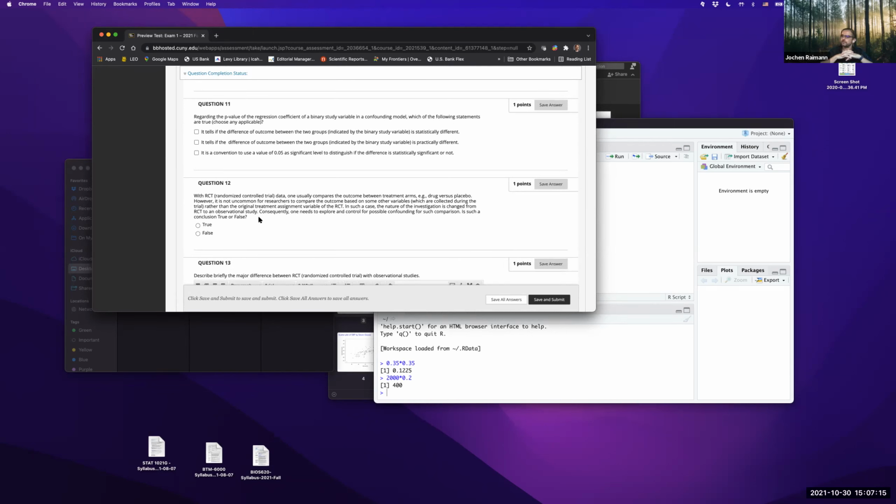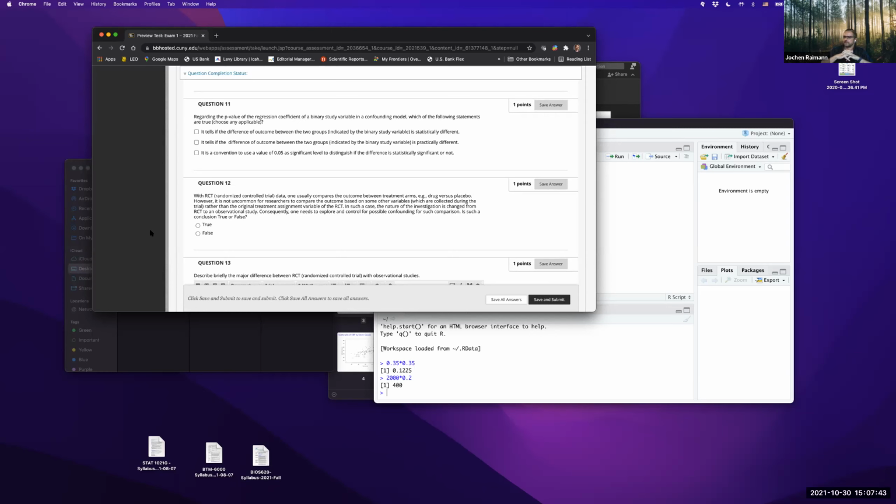Okay. With RCT data, one usually compares the outcome between treatment arms, drug versus placebo. However, it's not uncommon for researchers to compare the outcome based on some other variables which are collected during the trial rather than the original treatment assignment variable of the RCT.